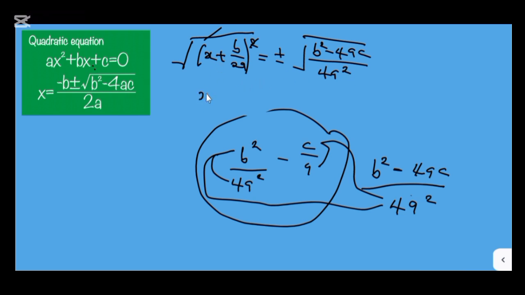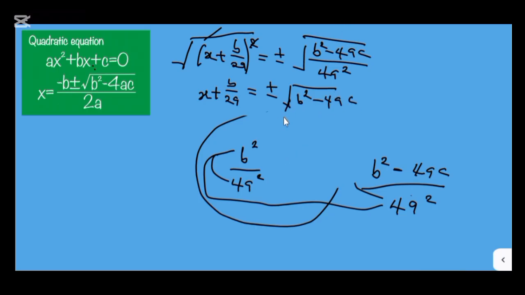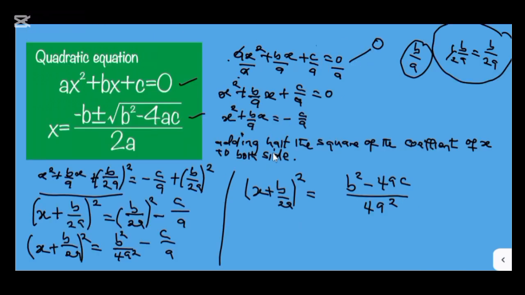So this is equal to x plus b over 2a, as what is left, is equal to plus or minus the square root of b square minus 4ac all upon 4a square. So this has been reduced to this. So we'll come back here.